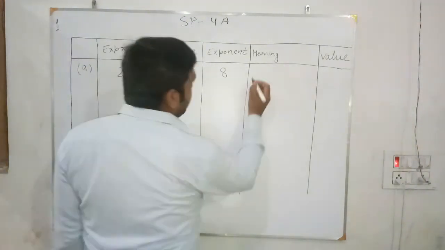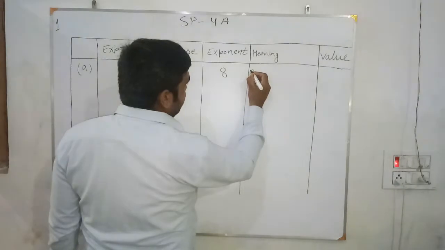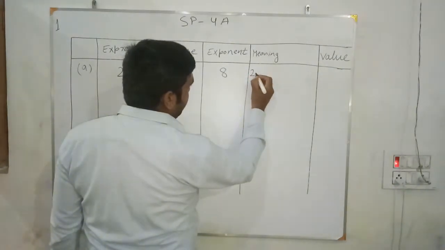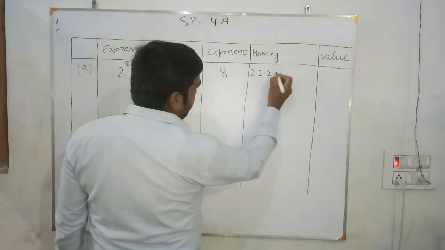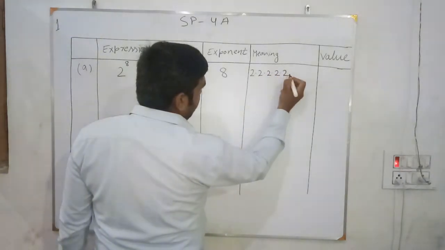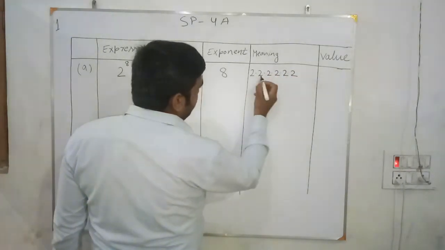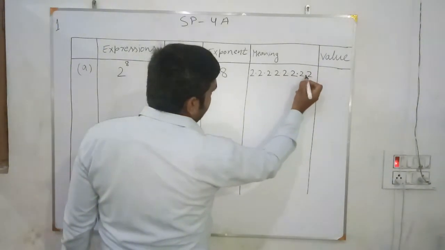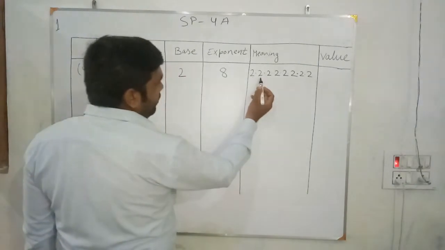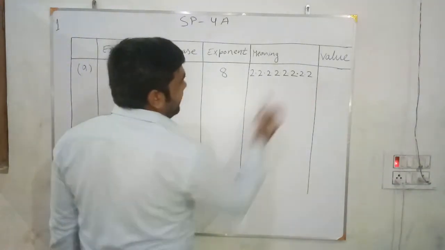So we multiply 2 times 2 times 2 times 2, and so on. See 8 times: 1 2 3 4 5 6 7 8.